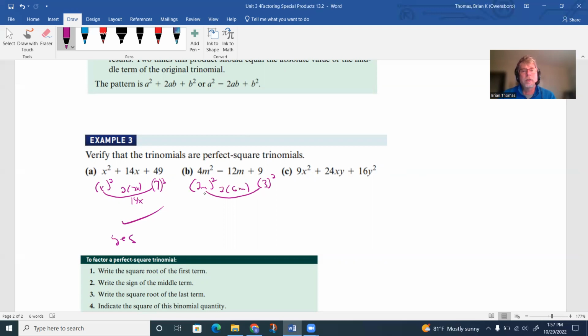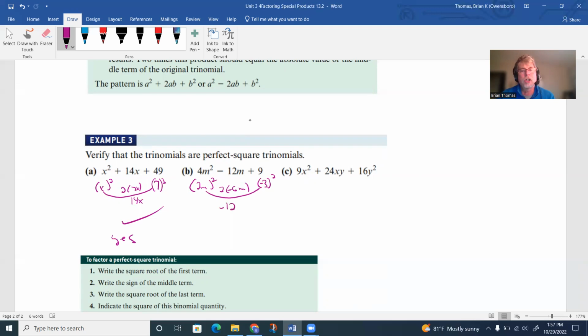Yeah, well, all we have to do is make sure of the sign. Notice how a negative 3 squared would have also given me this 9, so I could actually call that a negative. So what we pick up on is, if the sign in the middle is negative, then that last term actually had to be a negative. So it does pass all 3 tests, because we do get a negative 12m.